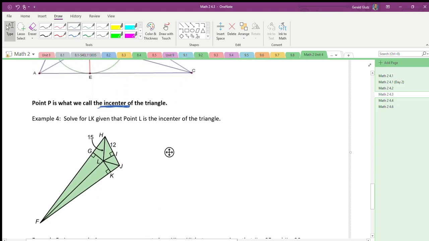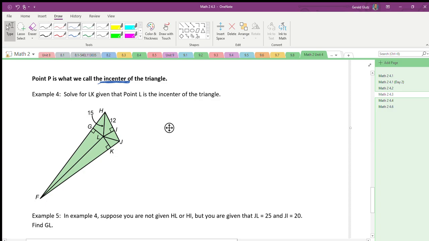So in example 4, we have to solve for LK, given that point L is the incenter. So this is the incenter right here. LK is that length right there. We need to find that length. But remember, the incenter is equidistant from each side of the triangle.